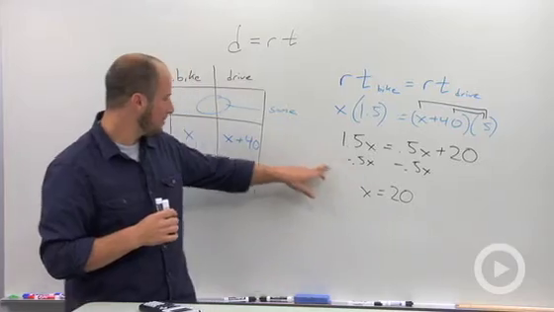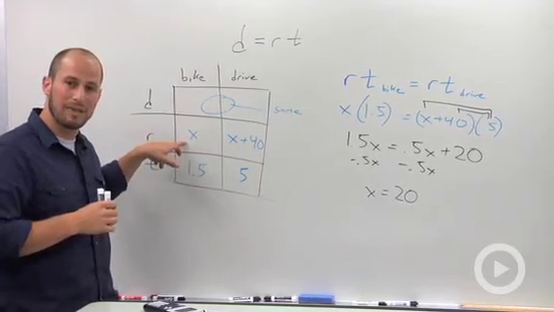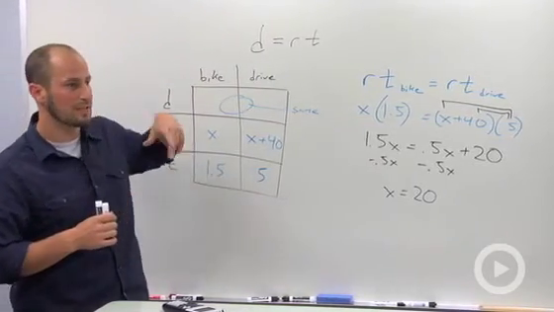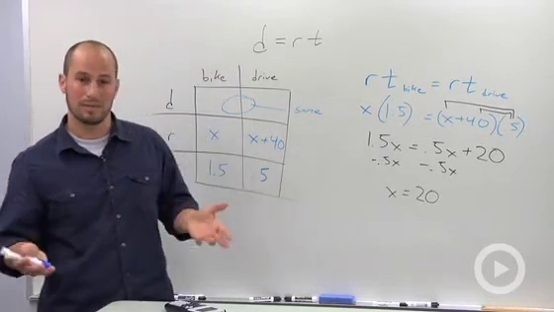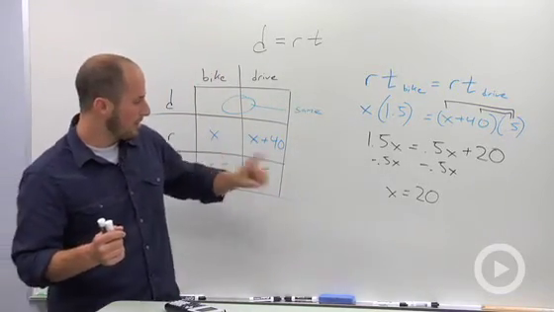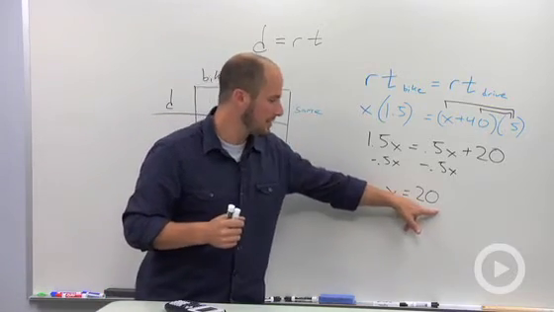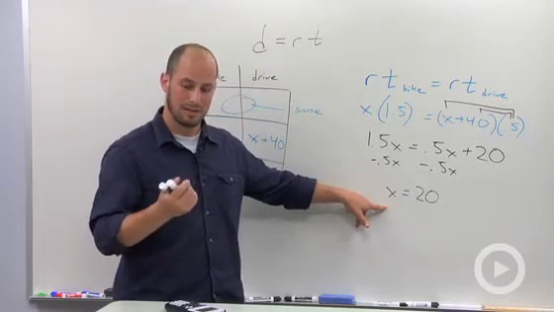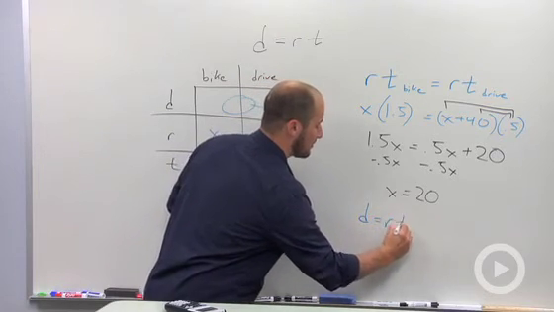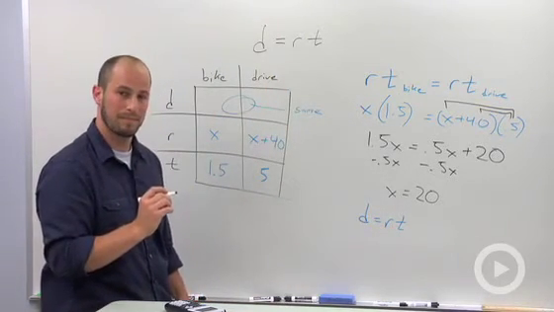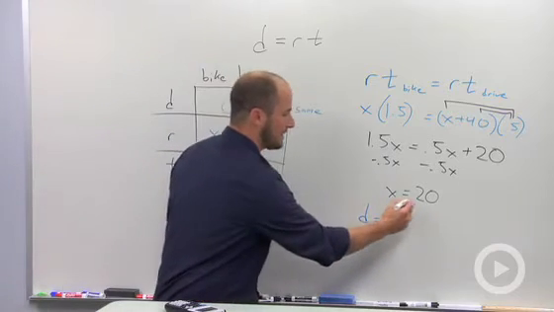Here that relates to the rate of our biking, which isn't what the question asked for. The question is asking for how far is it to work. So I know that my biking speed is 20. We can go back to distance is equal to rate times time. My biking speed is 20.